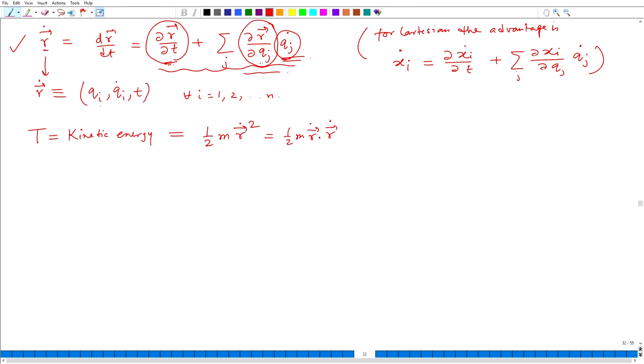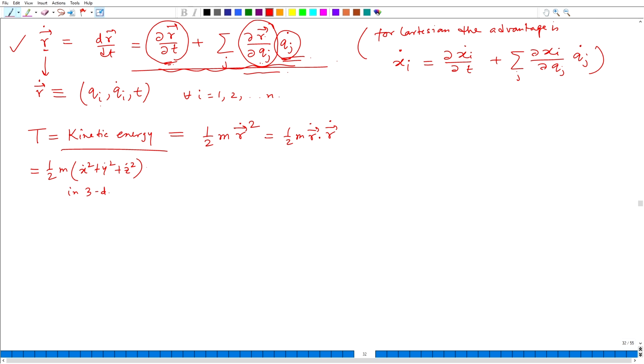In the Cartesian system, the kinetic energy is always half m times x dot squared plus y dot squared plus z dot squared in 3D.